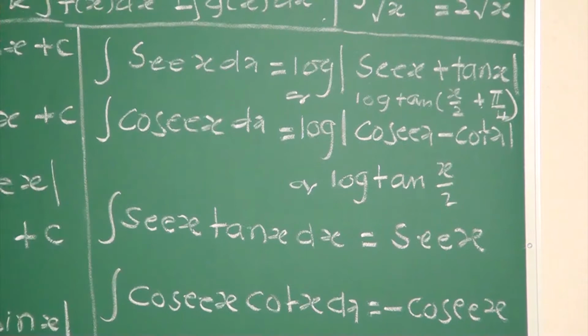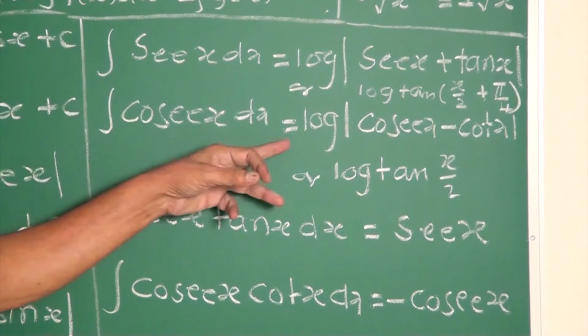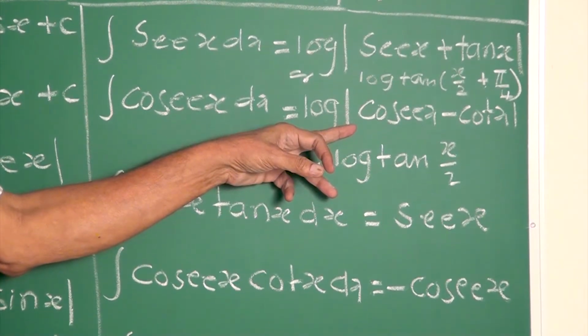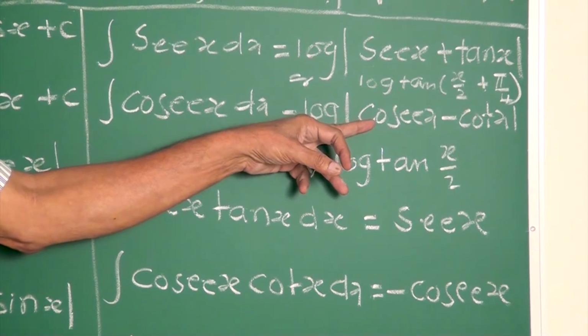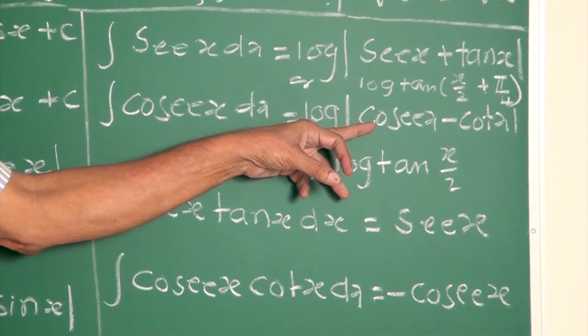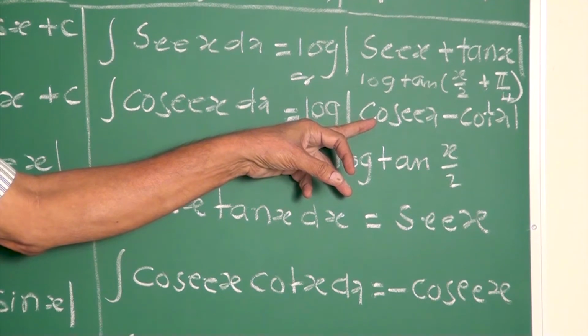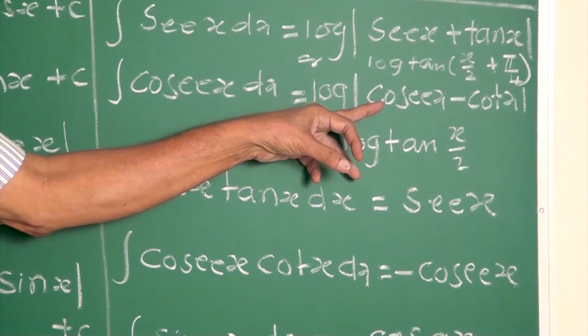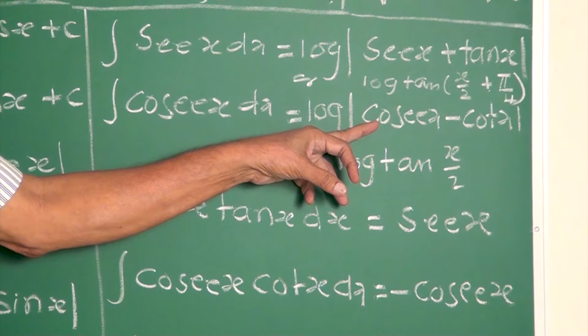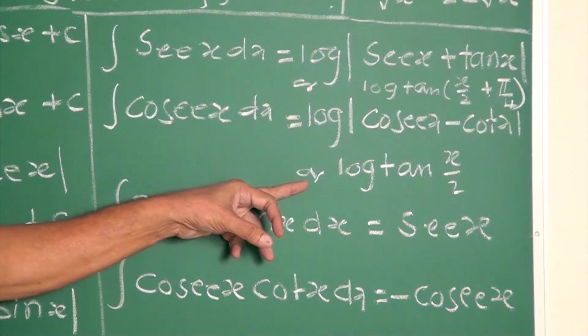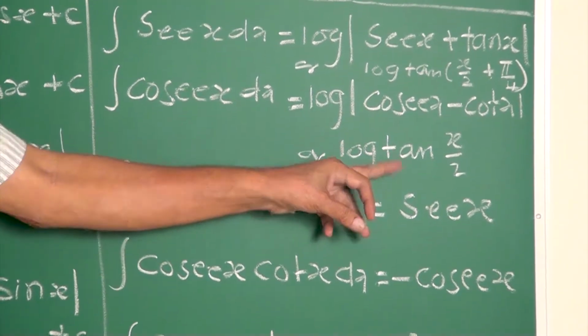Integral of cosec x is log cosec x minus cot x. Converting cosec and cot in terms of sin and cos, and using the half angle formula with 1 plus cos x and 1 minus cos x, simplifying you get log tan x by 2.